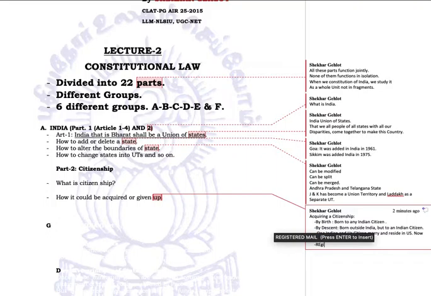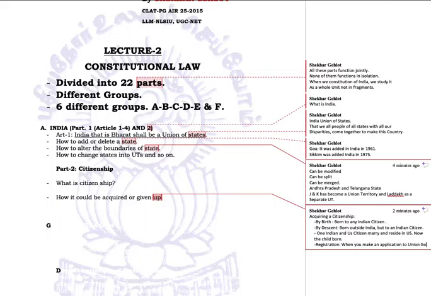Or by registration, when you make an application to the Union government for conferring citizenship upon you.